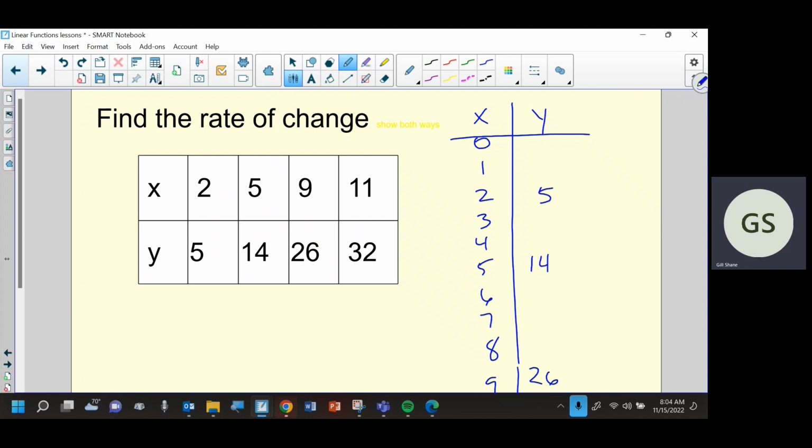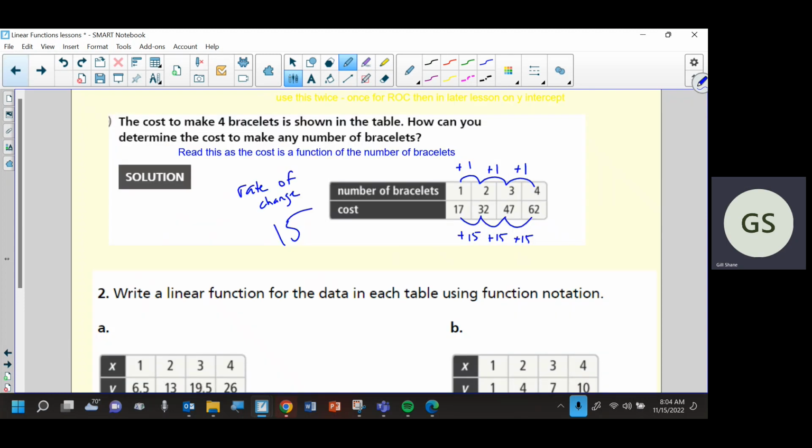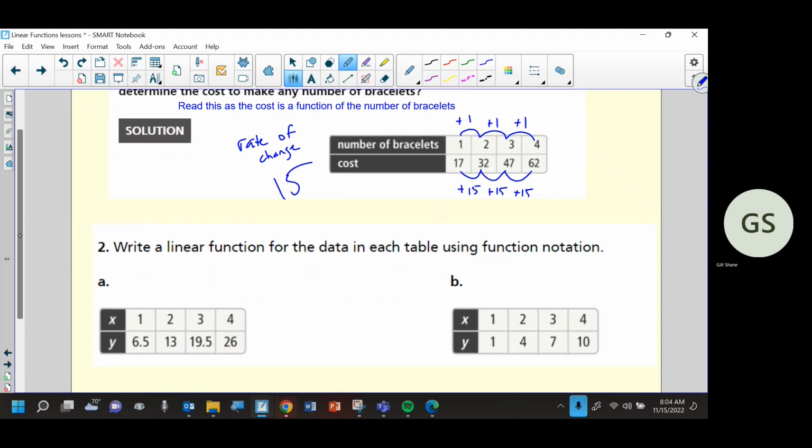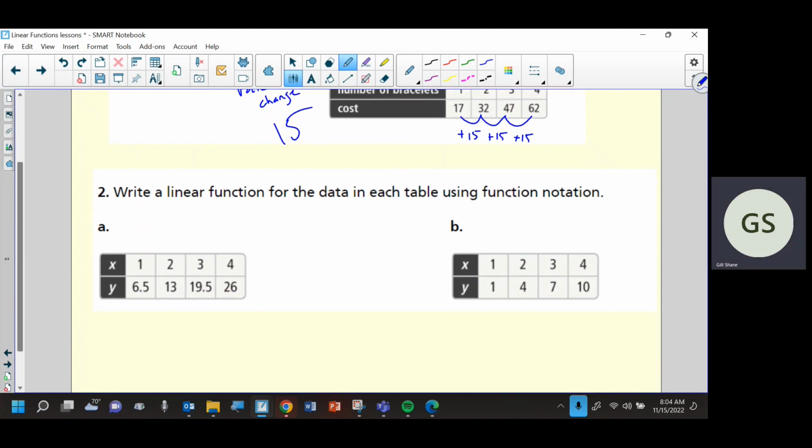Then there was another one that was like this, where the X's were going up by 1, but then there was a last column here, and it was something like that. So if you look, oh, hey, perfect. X's are all going up by 1. That's exactly what I want.